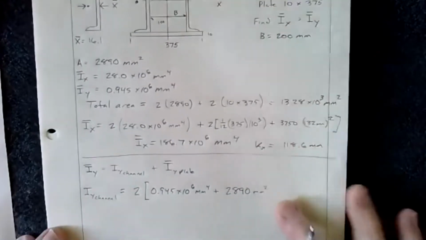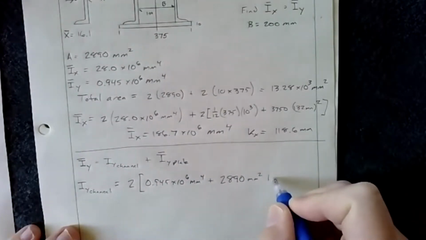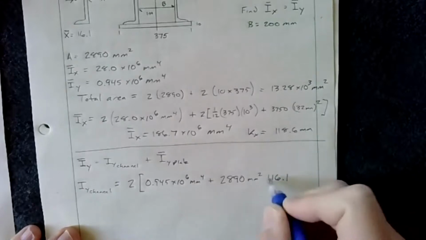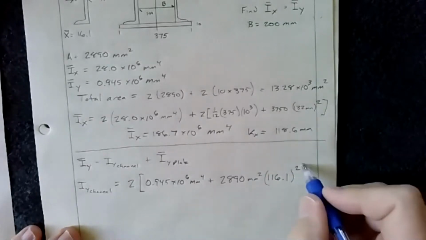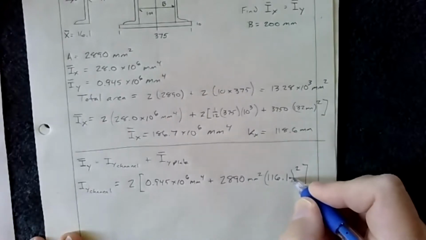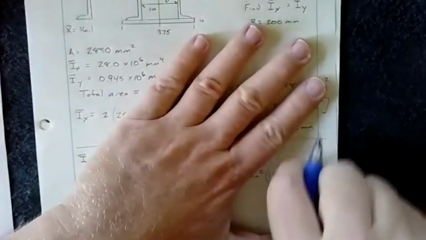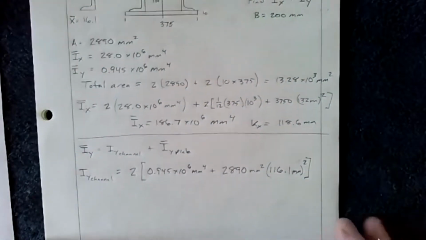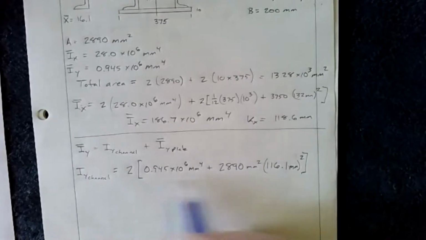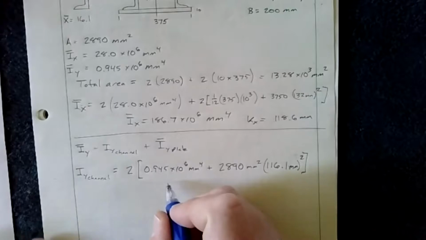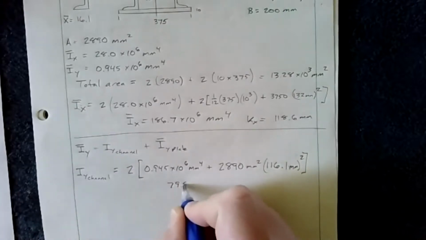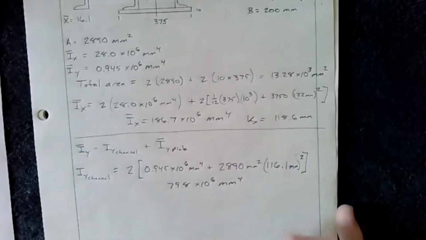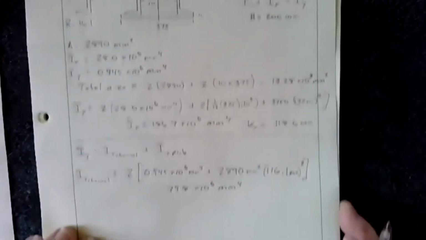So this is going to be times 116.1 squared, that's in millimeters squared. Sorry, hard to read. Everything added together, we end up with 79.8 times 10 to the 6 millimeters to the fourth. So that's for the channel.